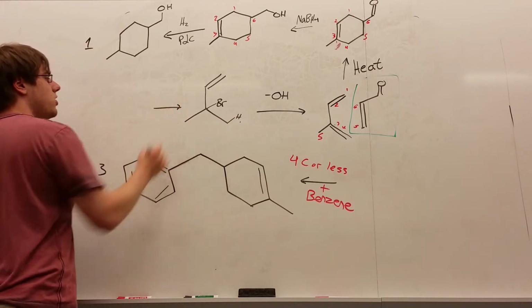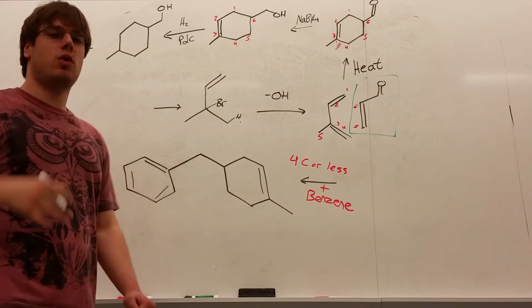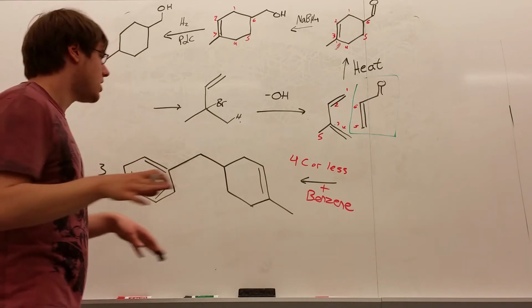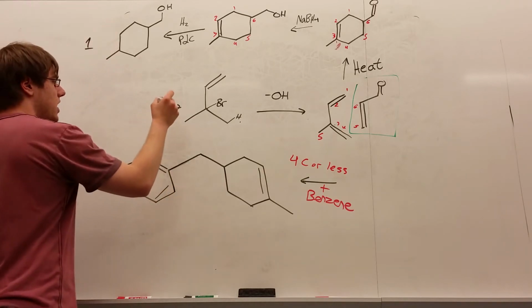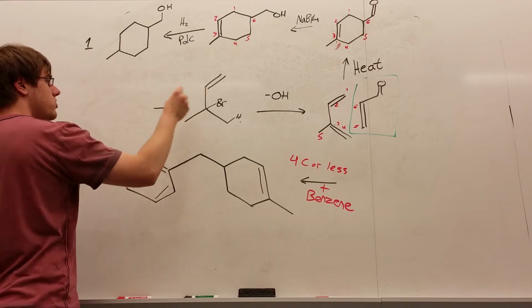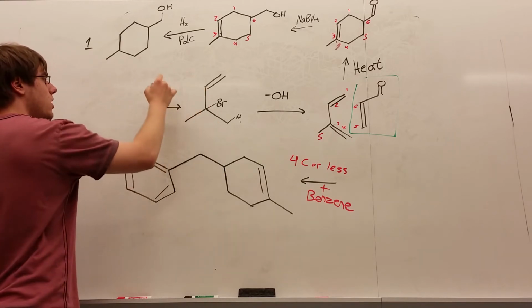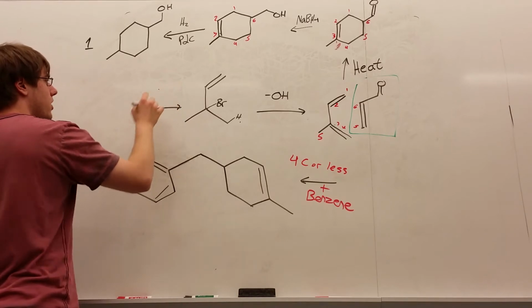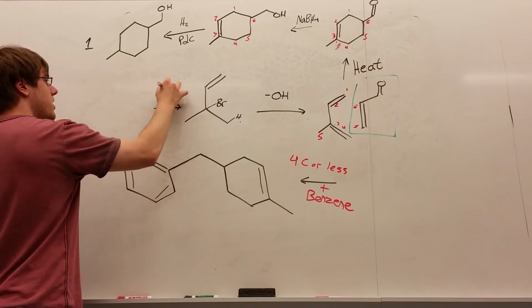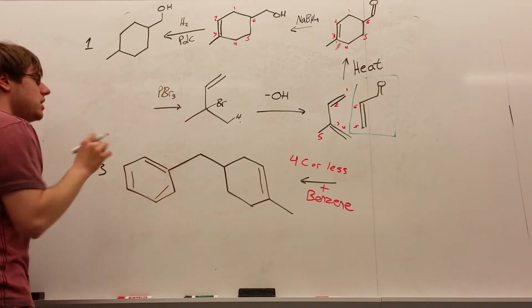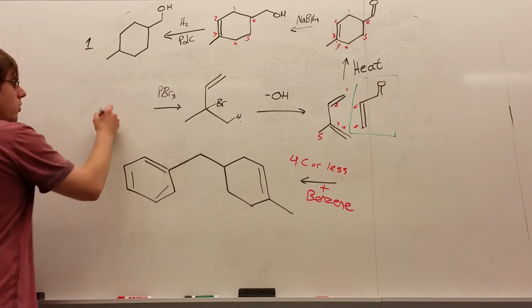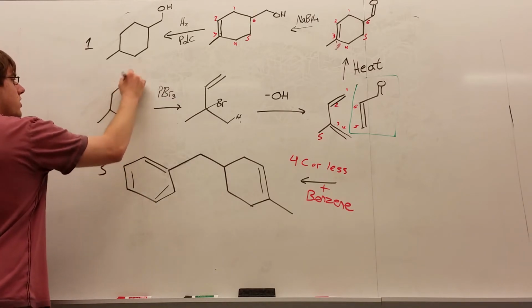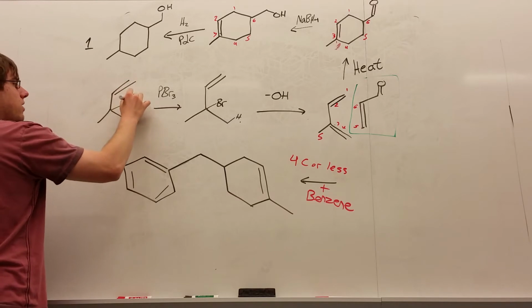And remember, your goal is to always turn things back into OHs when you're trying to cut carbon chains, because OHs can use that cutting reaction. So what turns an OH into a bromine going forward? PBr3 or HBr. Now there's an important rule you should know about PBr3 that I didn't mention in the basics video. PBr3 does not work on OHs that are on tertiary carbons, meaning like this example.